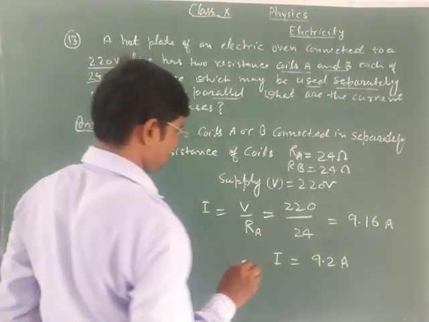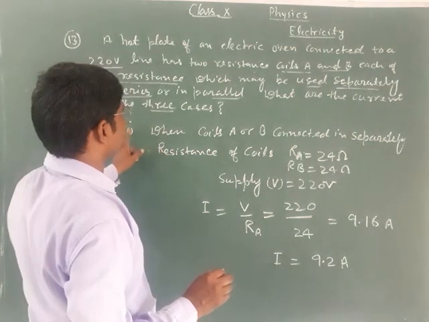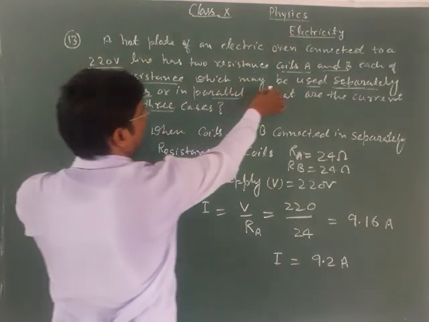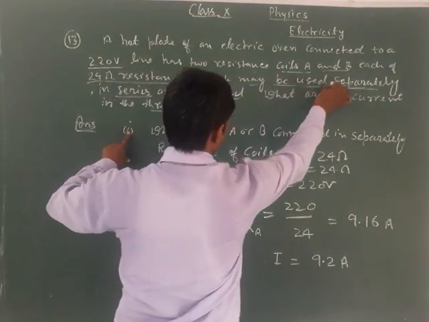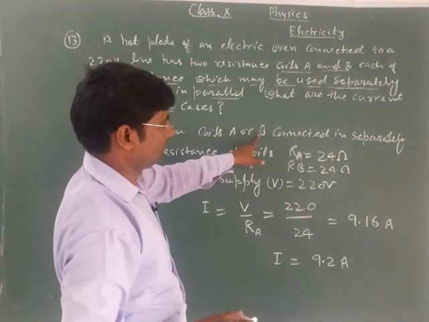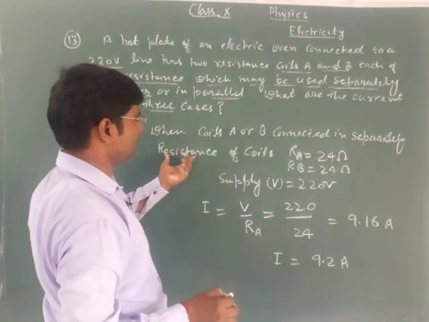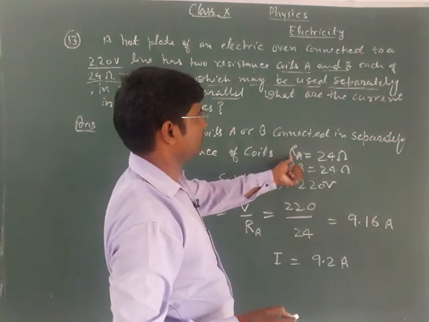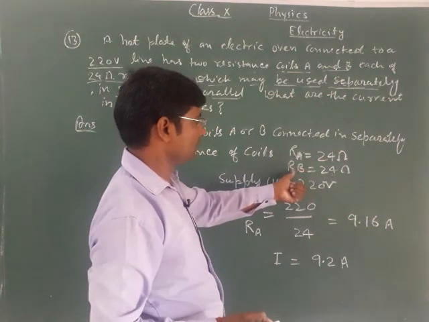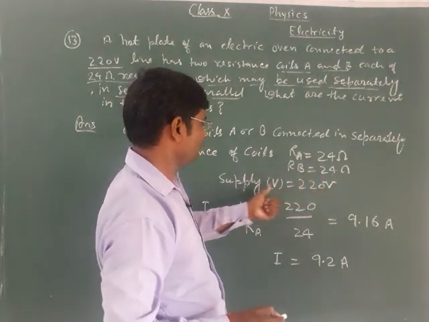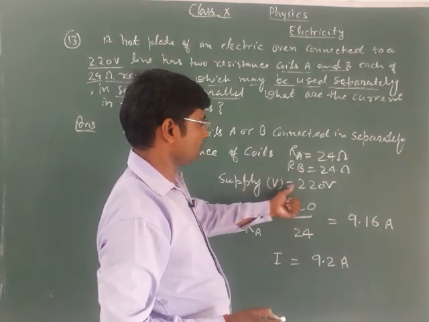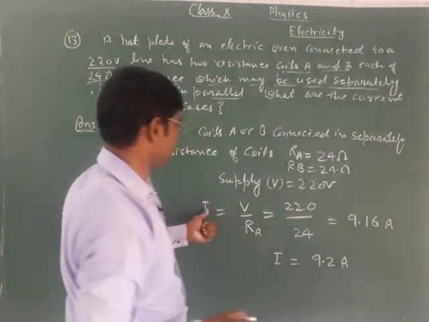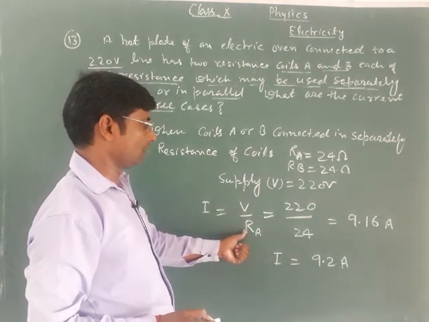So for the first part, when used separately, coil A or B connected separately, the resistance of wire A is 24 ohm, the resistance of wire B is 24, and the supply potential is 220 volt. So I is equal to V by RA.